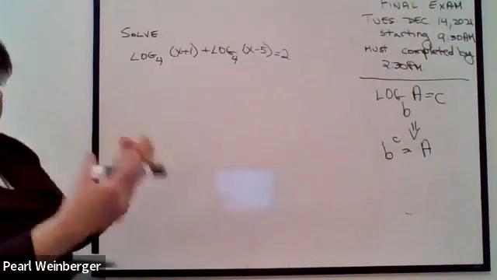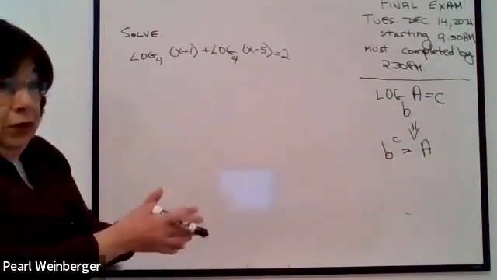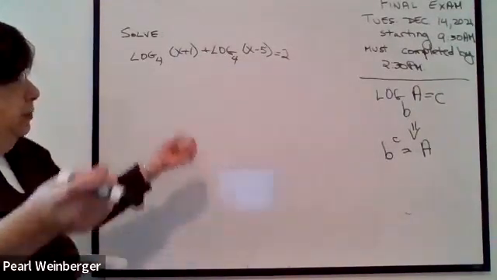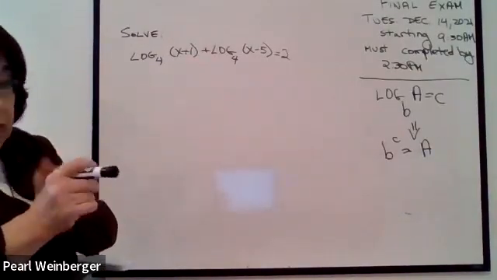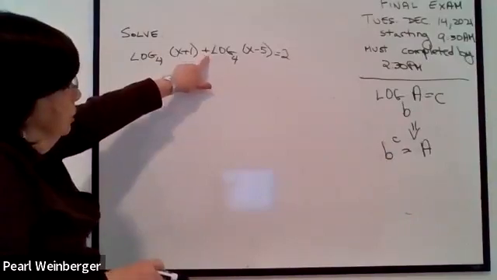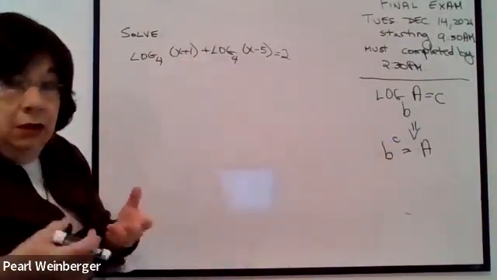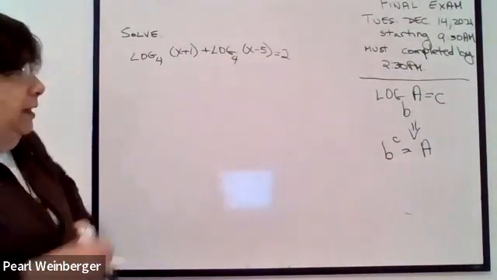Before, the problem involved expanding it, going from one log into multiple logs. Here we're doing just the opposite. We have two logs. We really want to get it back to a single log. And we know when we're adding logs, what we're really doing to the numbers is multiplying. Because again, the logs are exponents, and when we add exponents, we know we're really multiplying.